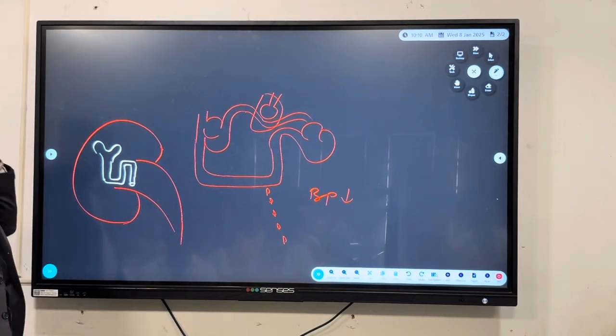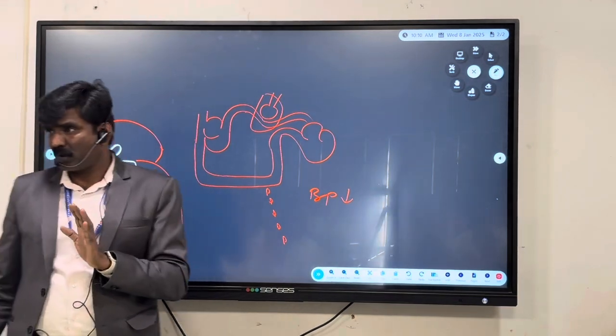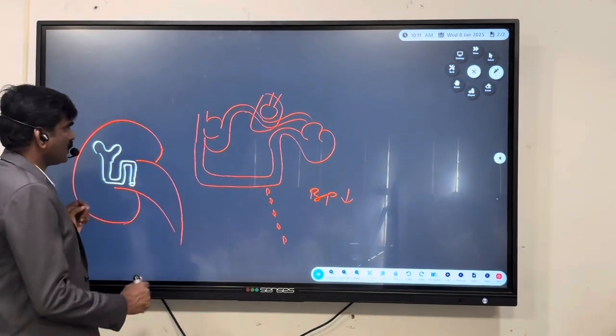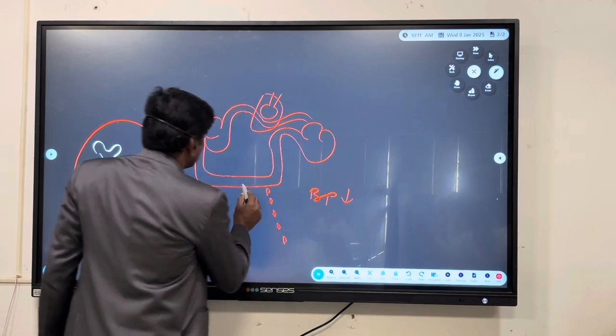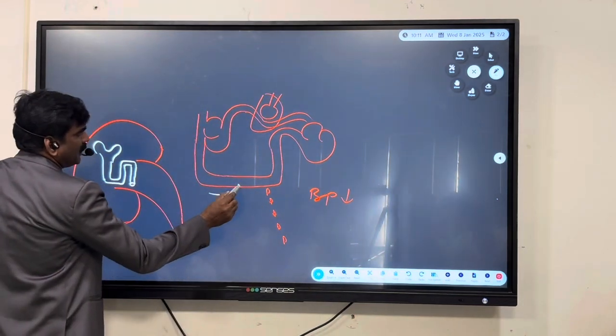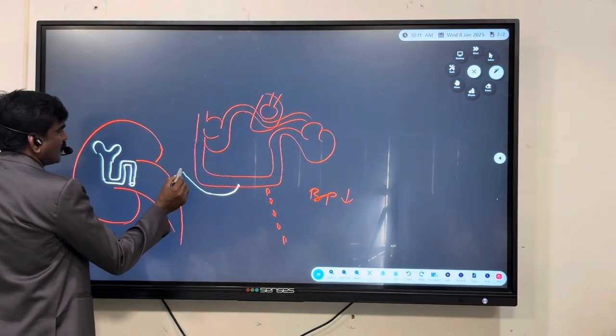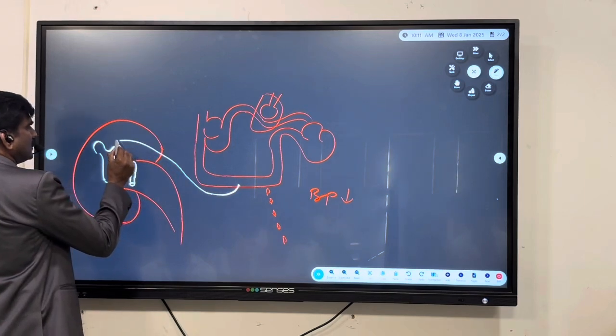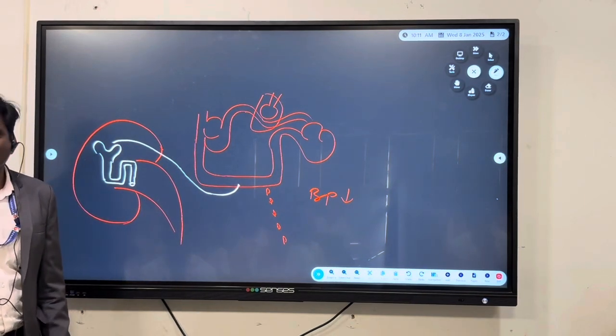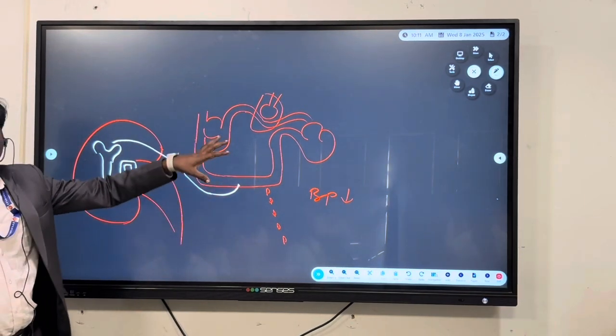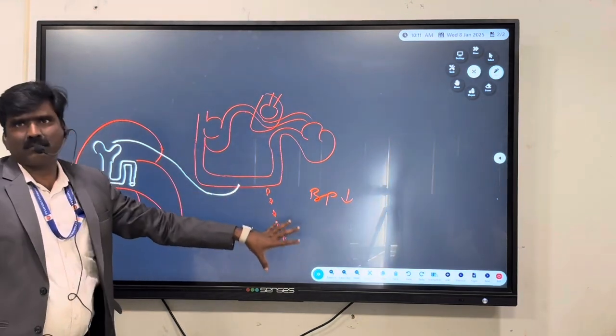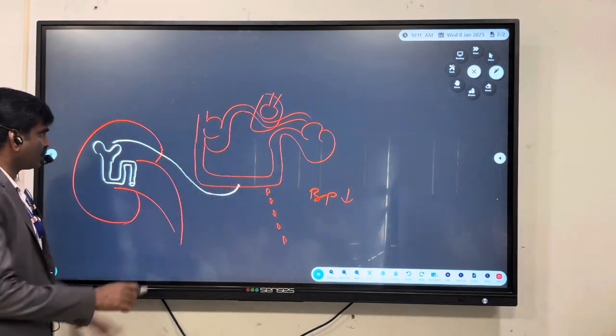Right? Actually, there are millions of nephrons. I have drawn only one nephron, and this is the artery which is going to the kidney, the renal artery. We will see all these things in the digital anatomy. I am just showing the image now.